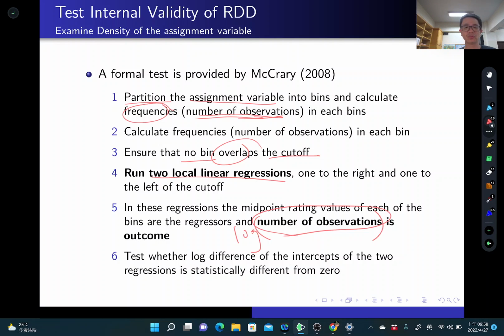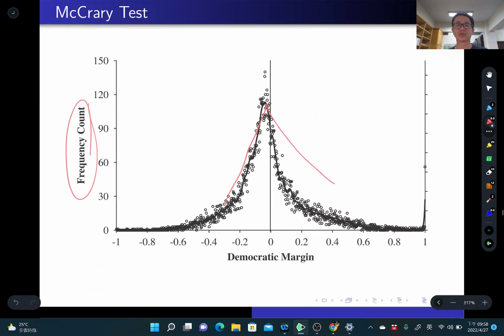Basically, you just use the log of the number of observations as the outcome and run the RD, and you will get a result to see whether your RD estimate is significantly different from 0 or not. Okay, so that's for this part of the video. Thanks.